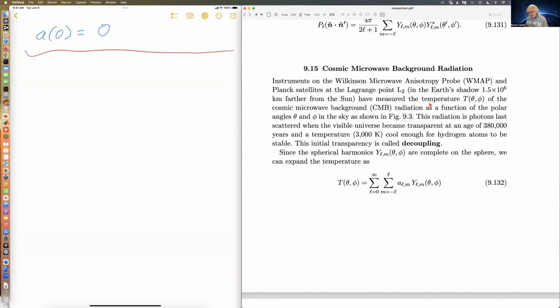Unfortunately, at that distance, the satellite is metastable gravitationally, but it's not in the total shadow of the Earth, and so it needs a lot of shielding.